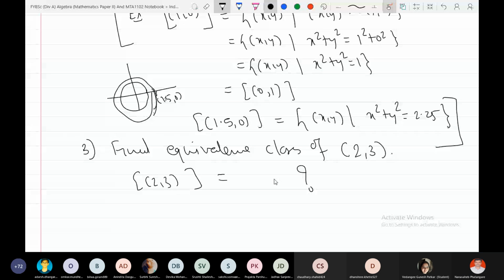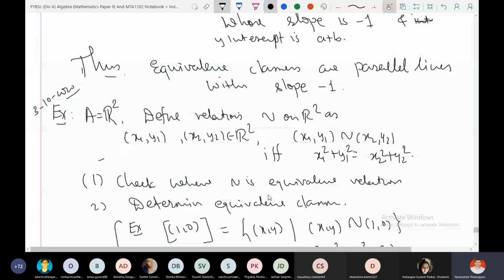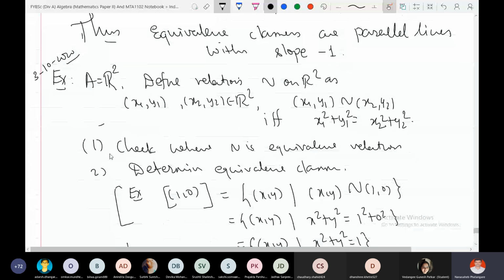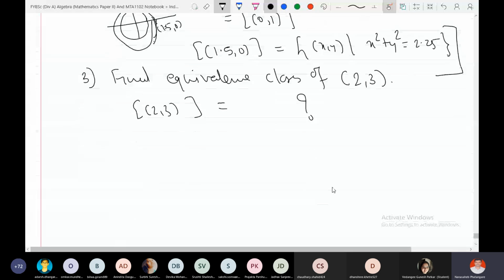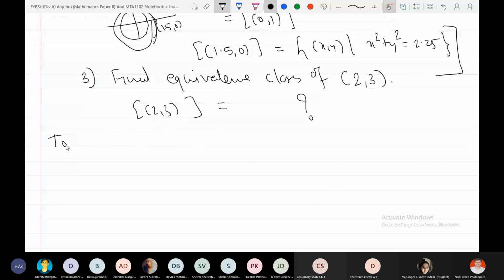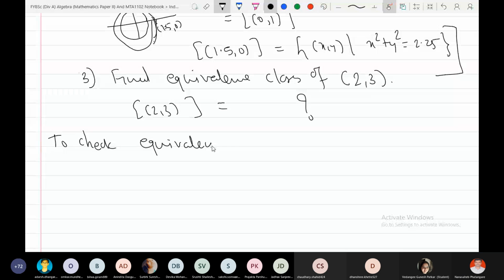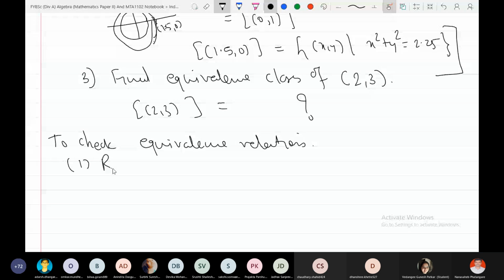Then one more thing I should tell you, while checking that something is an equivalence relation. In this case, to check equivalence relation, what we need to check first is reflexive.